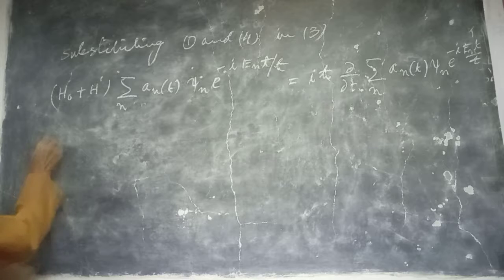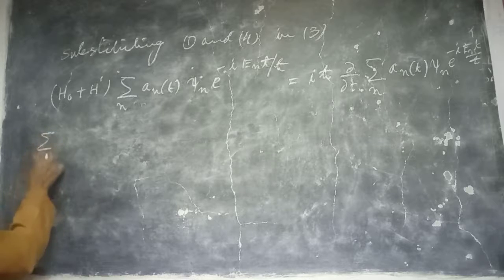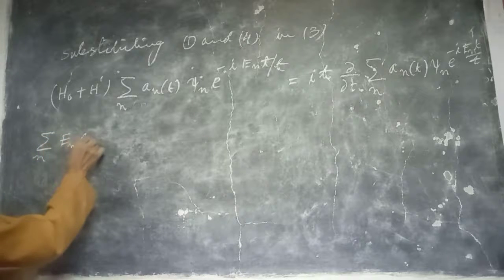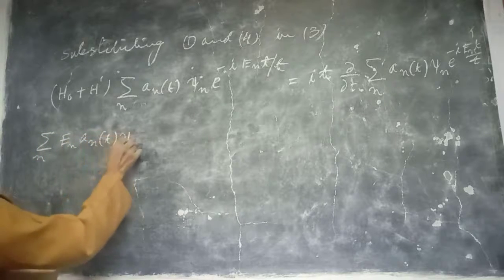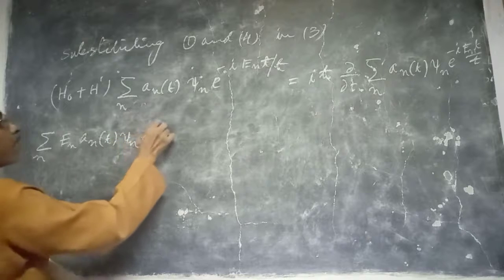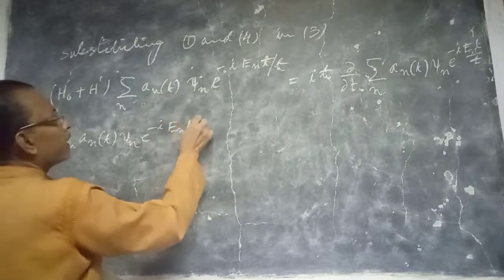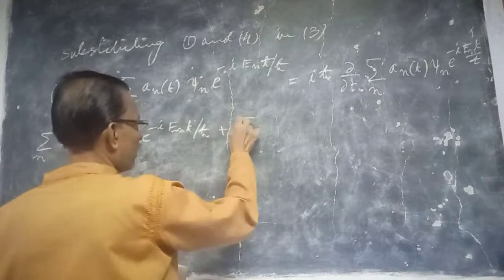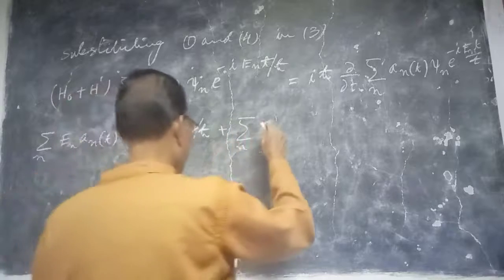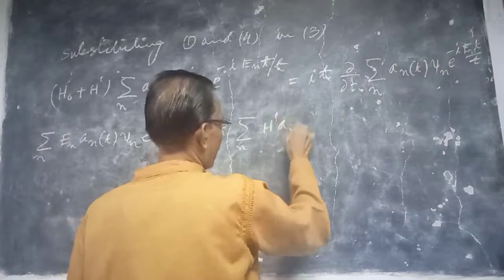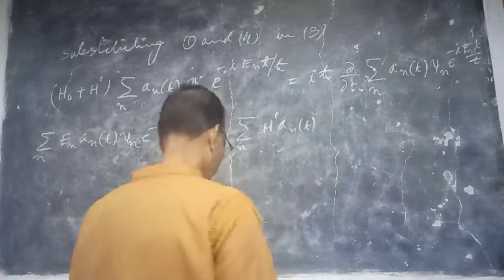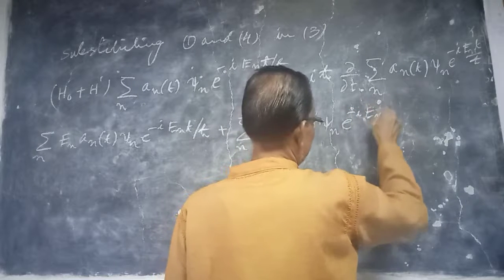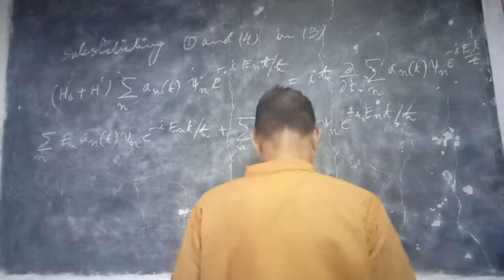Therefore the first term is the sum over n of E n a n of t psi n e to the power minus i E n t by h cross, plus the sum over n of H prime a n of t psi n e to the power minus i E n t by h cross.